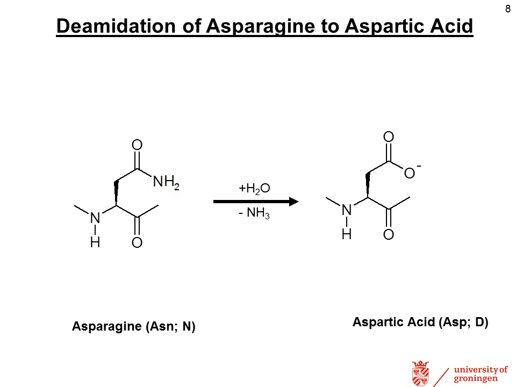This can be hydrolyzed by water under acidic or basic conditions and dependent on the sequence context to give aspartic acid. So you add a water molecule of 18 Dalton, but you lose an ammonia molecule of 17 Dalton, which overall makes that aspartic acid is 1 Dalton heavier than asparagine.